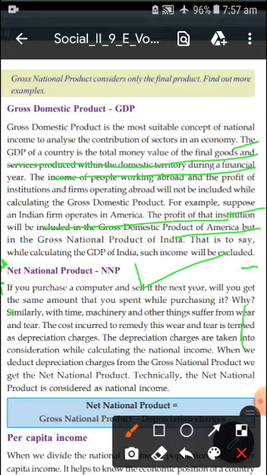That amount is known as depreciation, the wear and tear because of use, its value decreasing. When we deduct depreciation charges from the gross national product, we get the net national product.